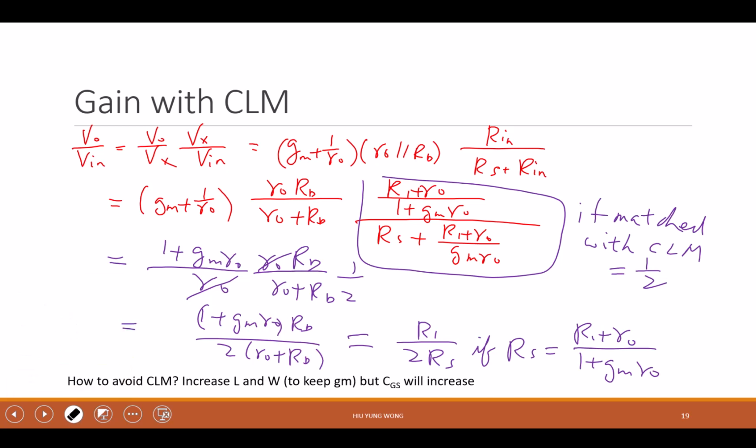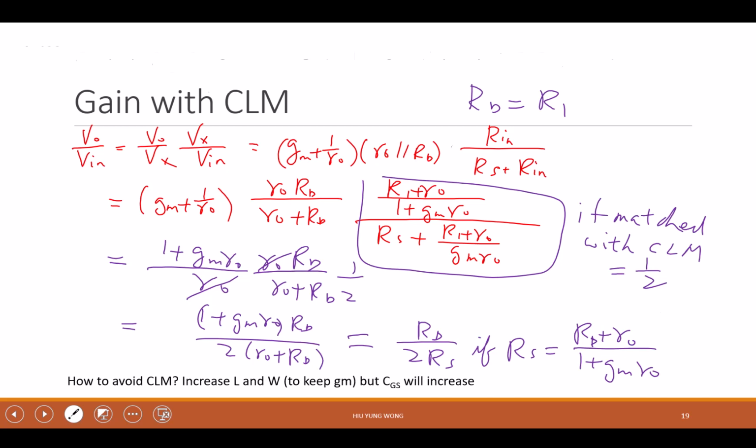I'm sorry. Let me put it as RD here. RD equals R1. So this one is just the same as RD divided by RS. So it looks like I do everything, but not useful.